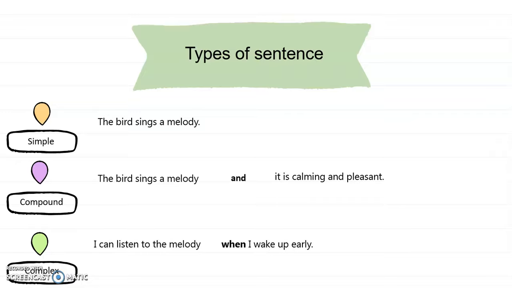And that's why they are called complex sentences. Complex sentences usually have another characteristic. They can also be read the other way around. When I wake up early, I can listen to the melody. Pay attention to the difference in punctuation between the first one and the second one.